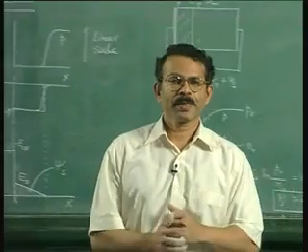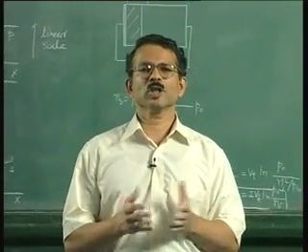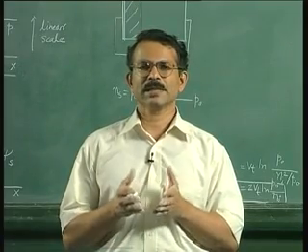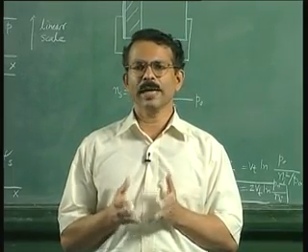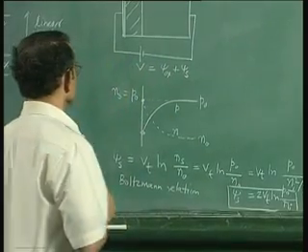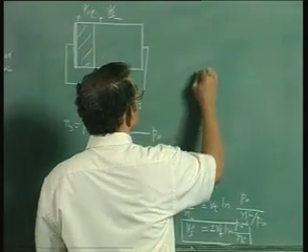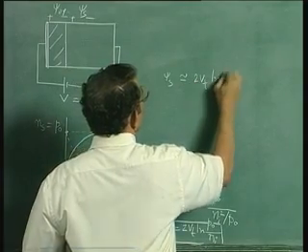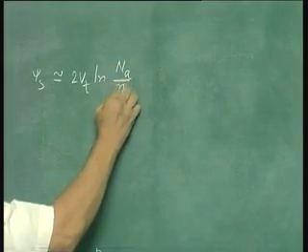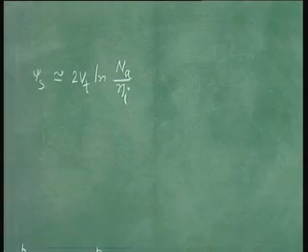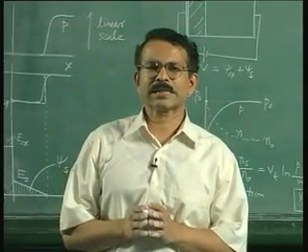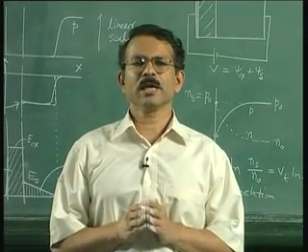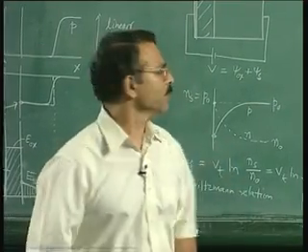Now we know what P naught is. P naught is approximately the doping of the substrate, that is P naught is approximately equal to Na. So therefore we have the relation psi s is approximately 2 times Vt ln Na by Ni. In other words, we know the value of psi s at threshold in terms of the substrate doping.